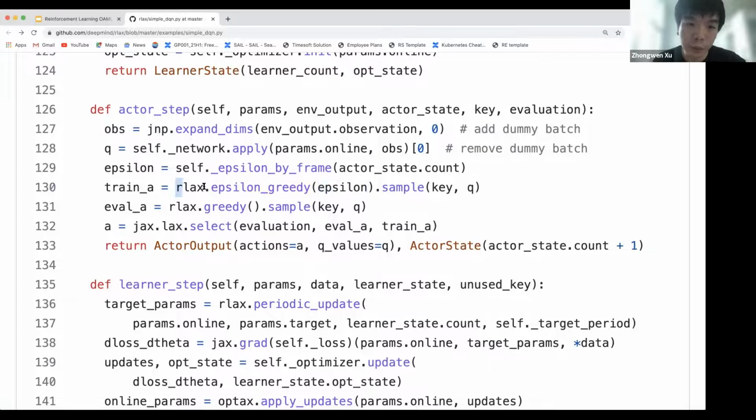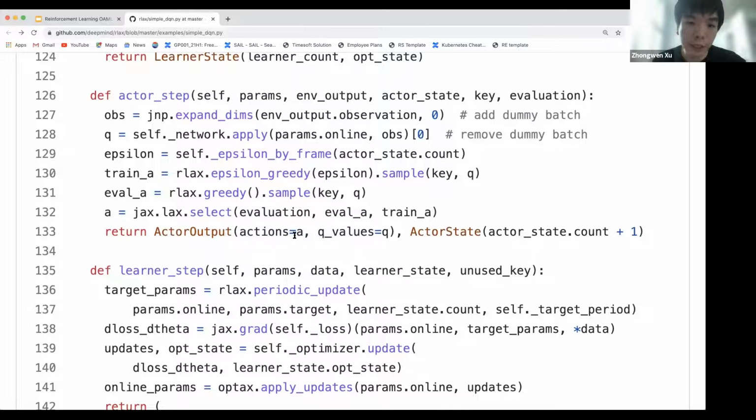Essentially you pass a function called epsilon greedy, passing the epsilon parameter, and then sample according to the Q values. Then we can obtain the action and make it an output from the agent so that it can be passed to the environment.